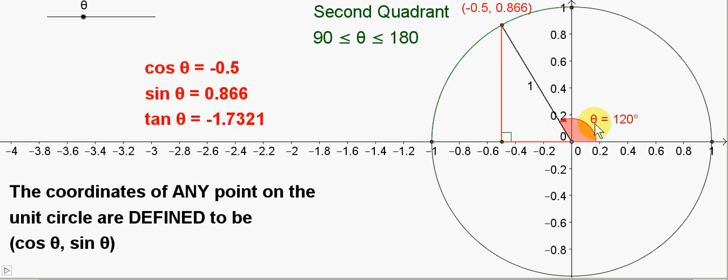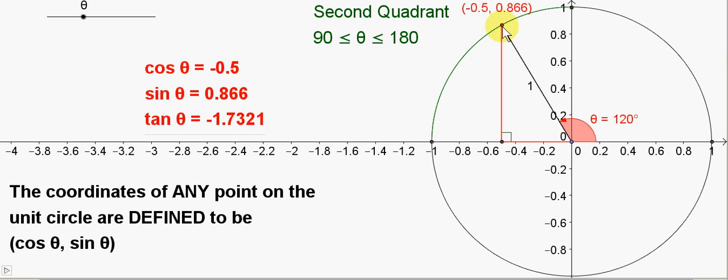Let's take an example. Suppose that theta is 120 degrees. Then the coordinates of this point are cos 120, sine 120. We can see that the cos of 120 degrees is minus 0.5. The sine of 120 degrees is 0.866.